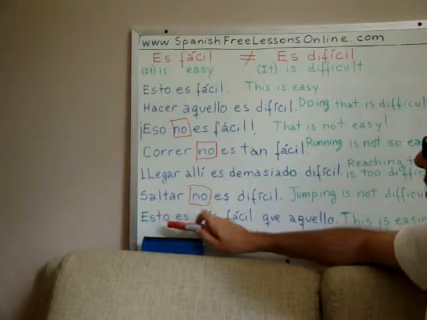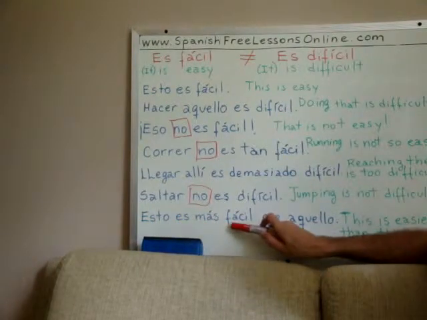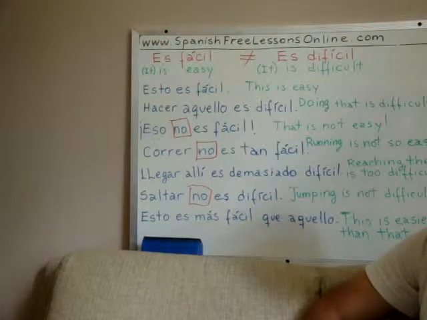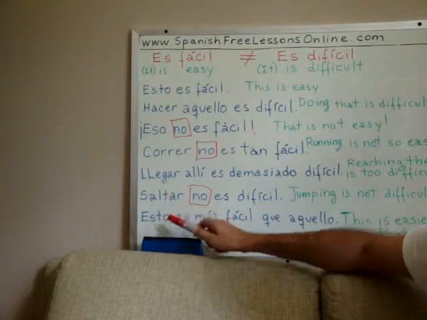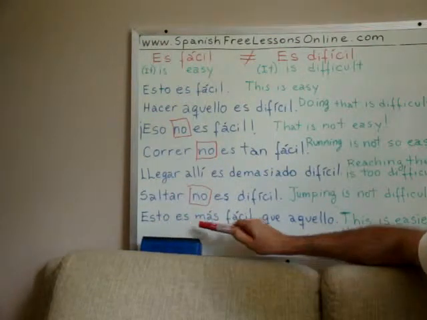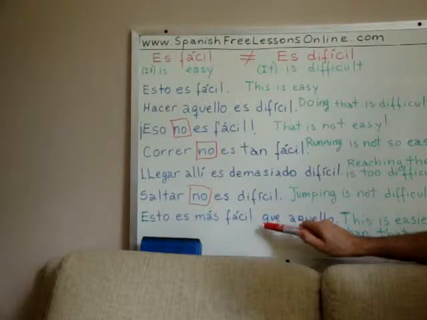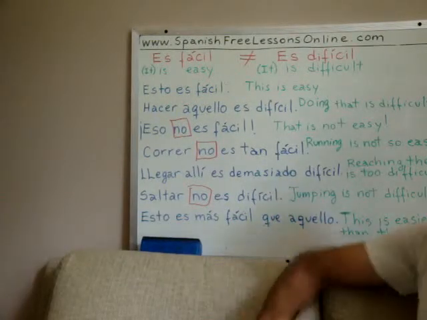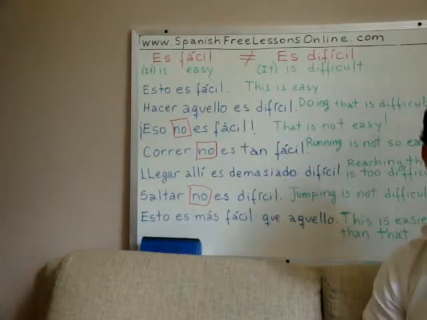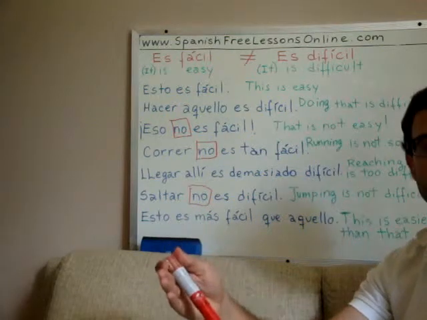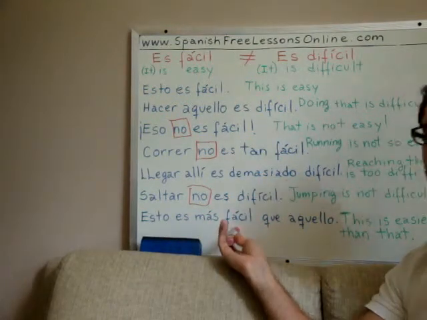Esto es más fácil que aquello. This is more easy than that, right? So in Spanish, when we are comparing, we don't add a suffix to the adjective as we do in English.